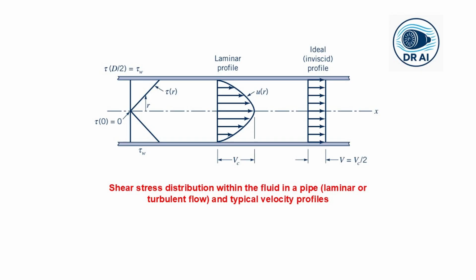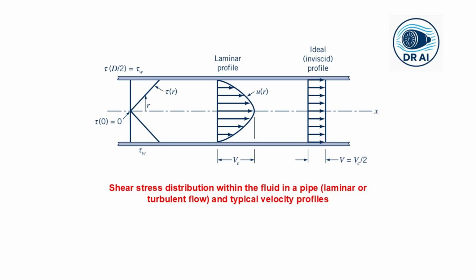At the center line, where radius is equal to 0, the shear stress is 0. Makes sense, right? The fluid at the very center is not being sheared directly. At the wall, where radius is half of the diameter, the shear stress is at its maximum.